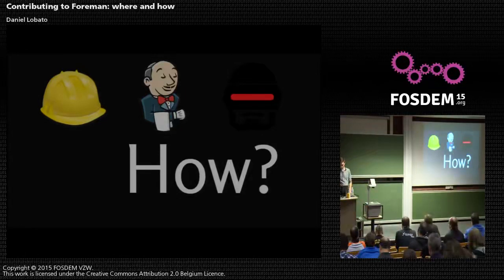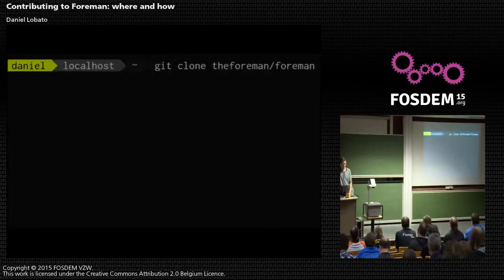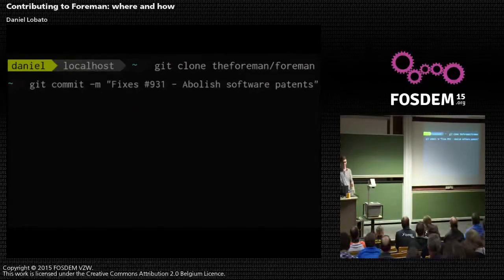Okay, so basically the process is simple as I said. You clone the repository, you make your changes, add the changes to the commit. You make the commit. It has to be in that format.